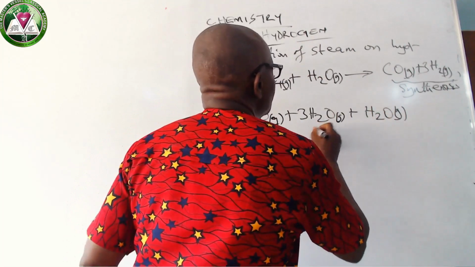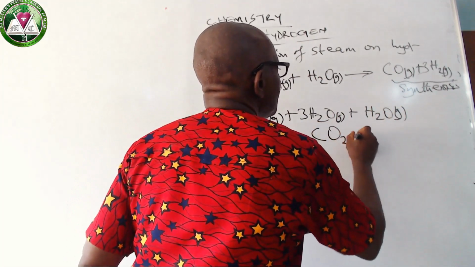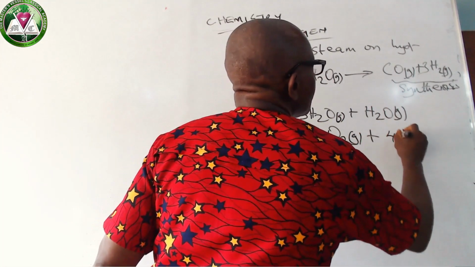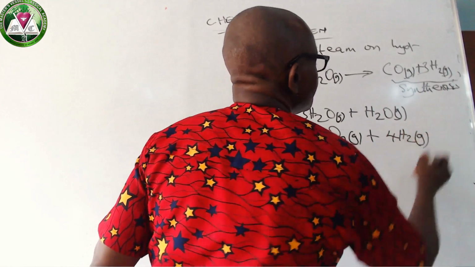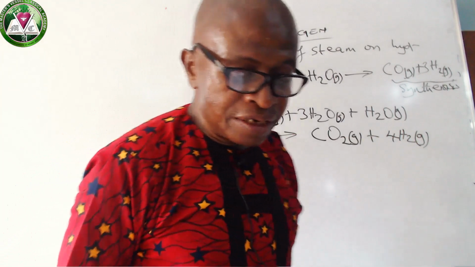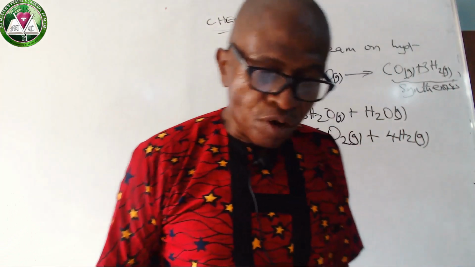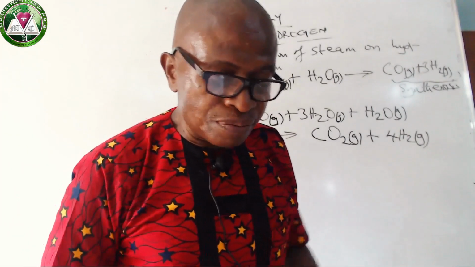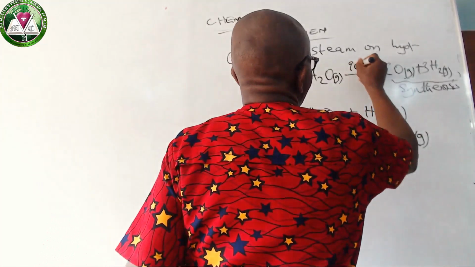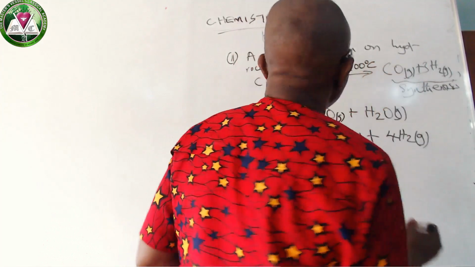Therefore, you now have CO2 gas plus 4H2 gas. So you can see how you produce hydrogen from the reaction between hydrocarbon and steam. This reaction occurs at 900 degrees centigrade.